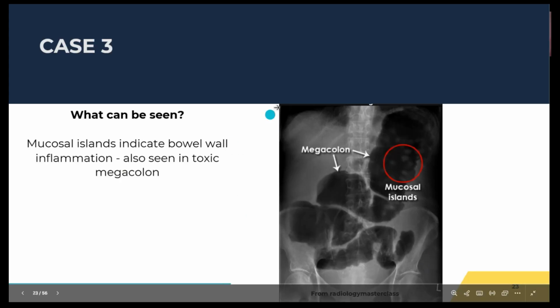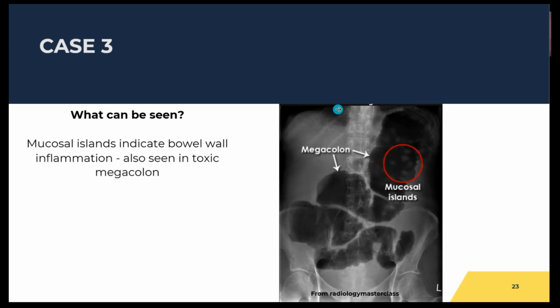Okay, so this one's much harder. Here, the slide shows mucosal islands, which is seen in severe inflammation. These are little islands of preserved mucosa surrounded by ulcerated mucosa. And this is a medical emergency because toxic megacolon is here as well. This carries a high perforation risk and will need urgent escalation and surgical involvement as well.